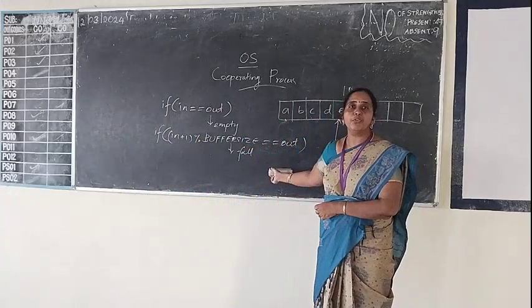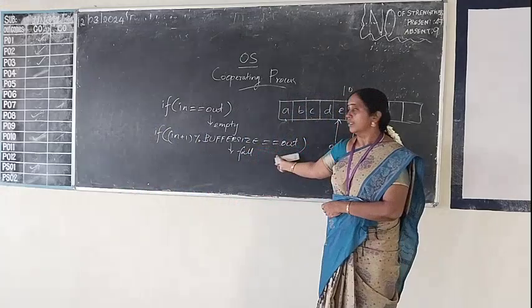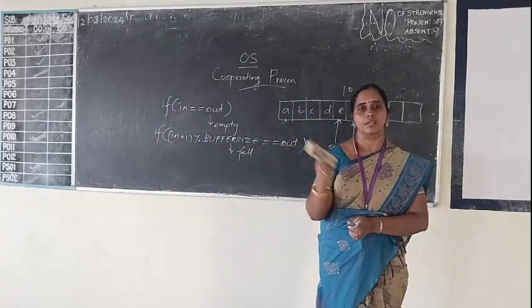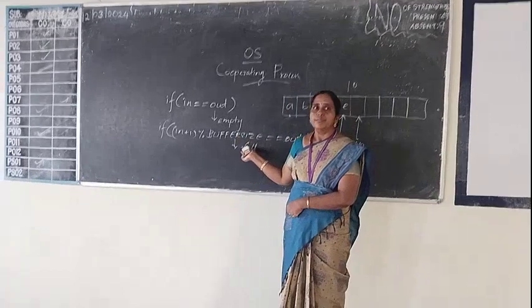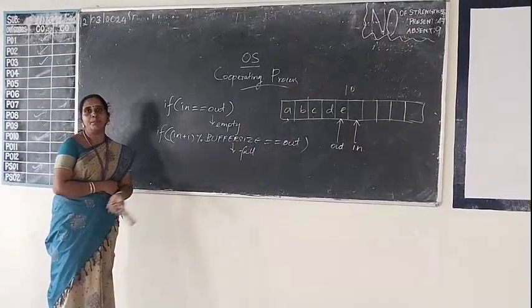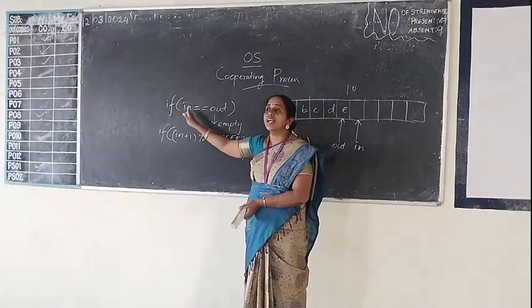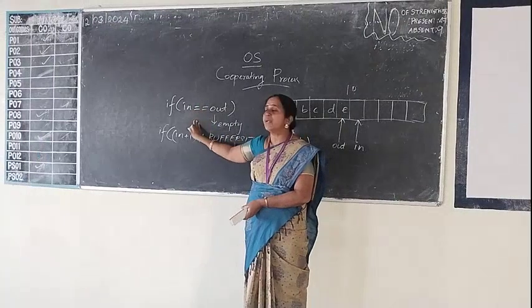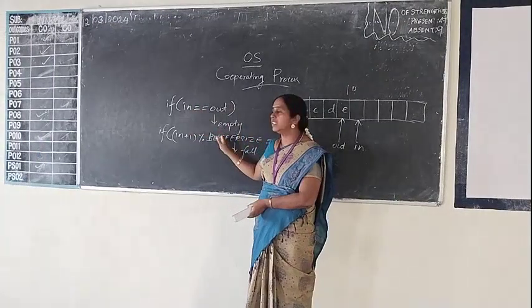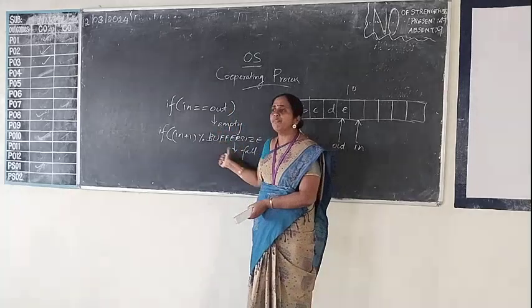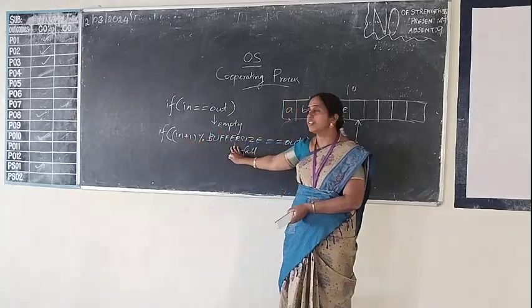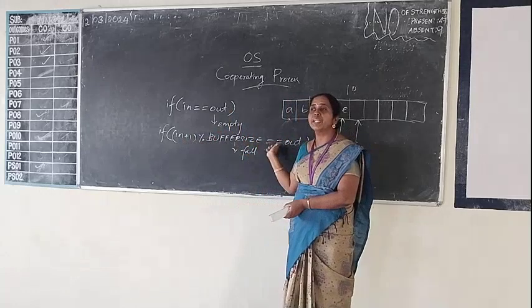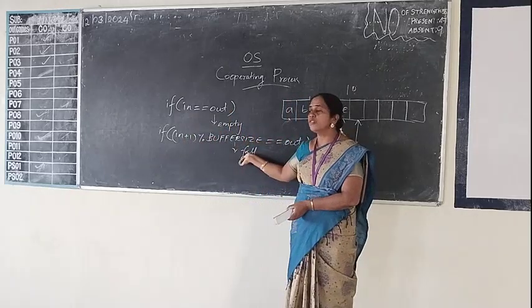To check the buffer: if in and out both are the same, then it represents the empty buffer. Then to check whether the buffer is full, this condition is used: (in + 1) mod buffer size equal to out means the buffer is full.